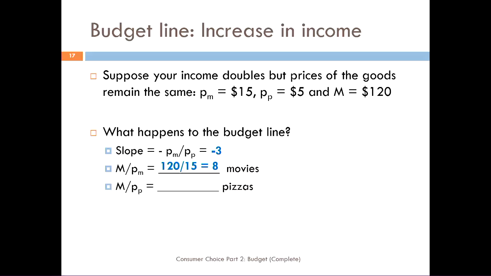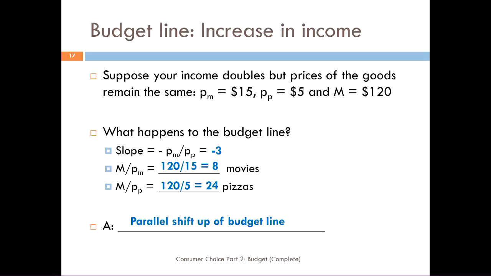Likewise, if you spent all your money on pizzas, you could buy twice as many pizzas now, because the price of pizzas is the same, but your income is double. So notice what happened to the budget line. The slope is the same, but the intercepts are double. So what we have is a parallel shift upwards of our budget line. Same slope, but shifted up.